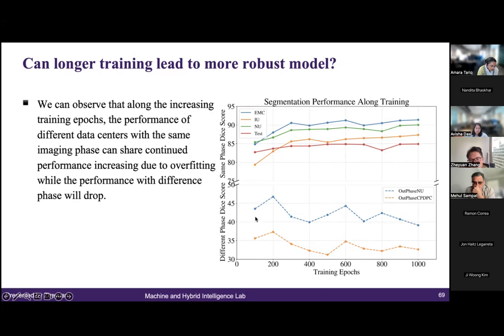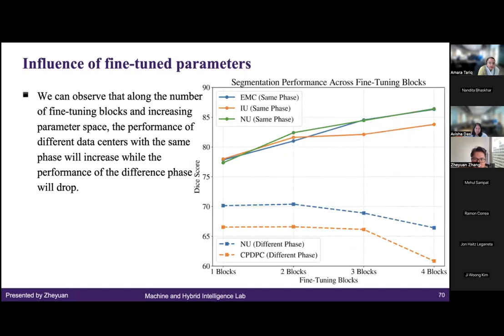But for different phases, like this outer phase setting, the dice coefficient might even drop as you increase the training. This means that the original model might, we cannot say overfitting here, but it makes itself more suitable for the venous phase rather than for general pancreas studies. So increasing training might reduce the performance on the outer phase.